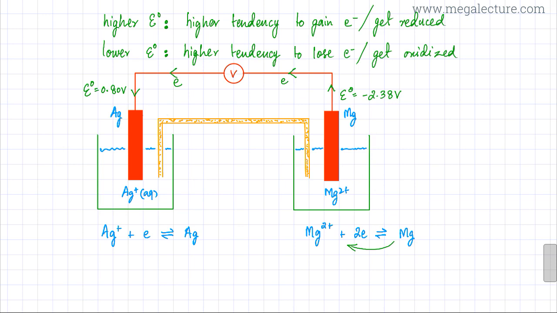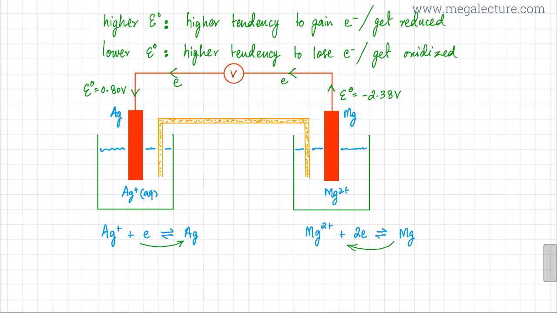Vice versa, electrons are being gained by this electrode. So if more electrons come in, then this equilibrium would shift in the forward direction. So the lower, negative potential produces electrons and gets oxidized, and the higher potential ends up gaining electrons and gets reduced.